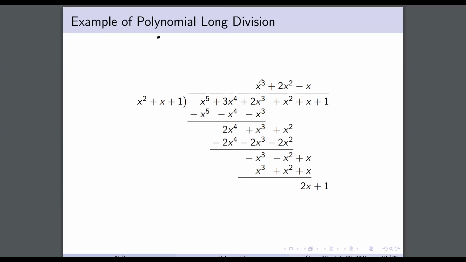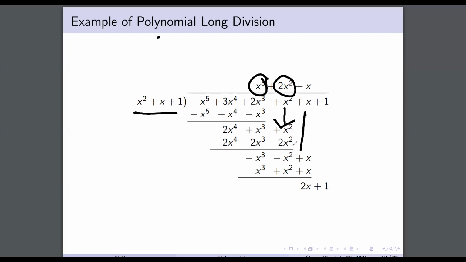We start here. We multiply by x cubed, and if we multiply this by x cubed, we get this and we subtract it. Then we're left with this, and the next term comes down. Then we have to get rid of these leading coefficients, so it could be 2x squared, because 2x squared times x squared is 2x to the fourth, which would cancel out this term.